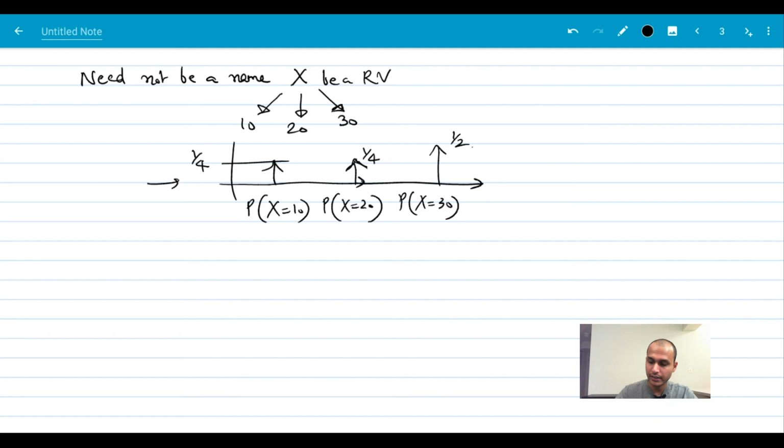So this is the derived probability law. So this is the PMF. It is a full description of the PMF, because it's telling me the belief that the random variable takes value 10, 20, and 30, and they sum to 1. So this is a complete picture of a random variable.